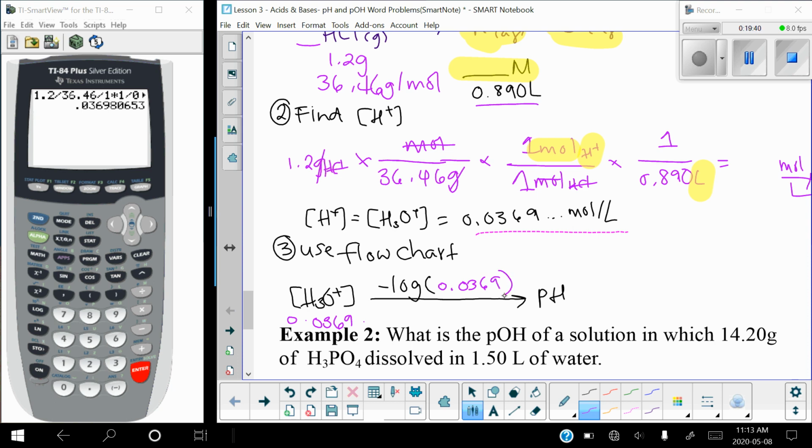Again, I am just showing a couple significant digits on my paper, but when I am doing it in my calculator, I am going negative log, select the answer, close the bracket, enter, and I get a pH of 1.43.